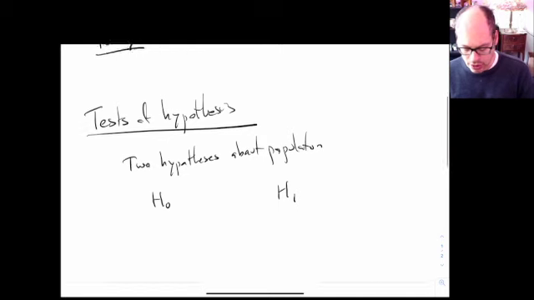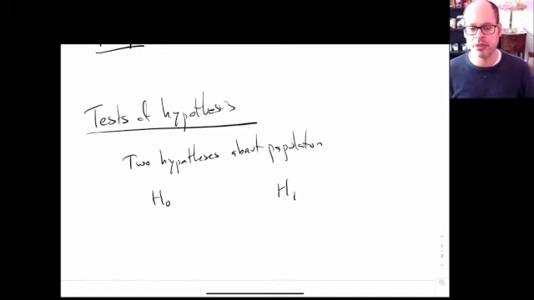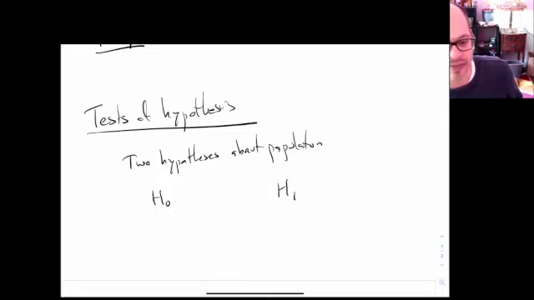Typically these are assumptions about some parameter in the model, like there's some unknown parameter theta, and hypothesis 0 might be that theta is less than a half, and hypothesis 1 might be that it's more than a half, or maybe hypothesis 0 is that the value is 0.5, maybe it's like a probability, and hypothesis 1 is that it's not 0.5, for example.